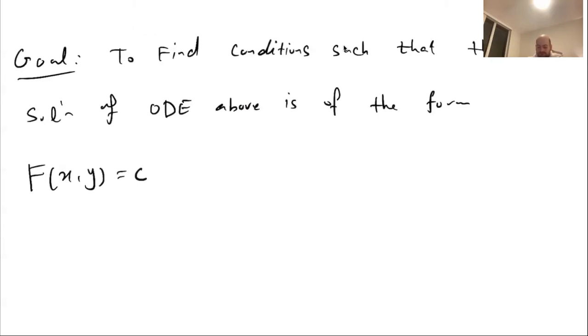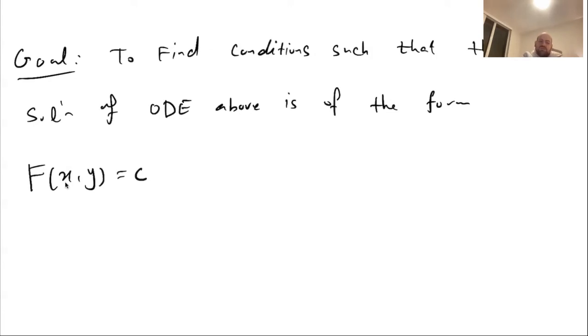And of course, we know that this is an implicit equation. F of x and y equals c is an implicit equation, because in Math 113, as I said previously, you learned that if you have y equals a function of x, then it's called an explicit equation. But if you have a mixture of x and y, for example, x plus xy plus e to the y equals 5, then that would be called an implicit equation.